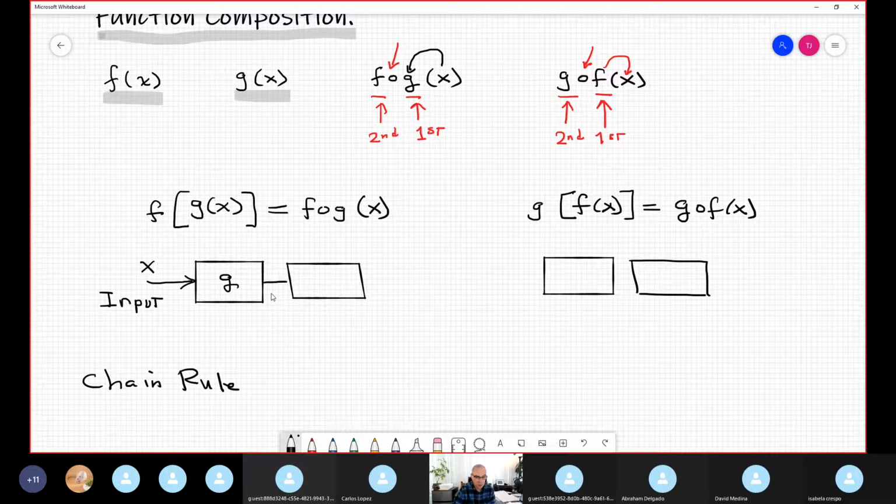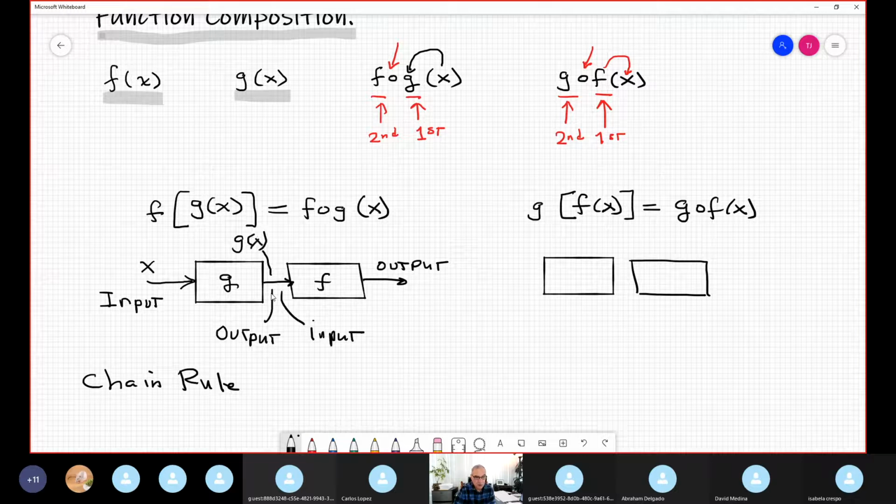Now the output of g would be equivalent to the input of f in this case. And finally, we have the total output. This is x, then g of x, but now the input is f evaluating the numerical value g of x.